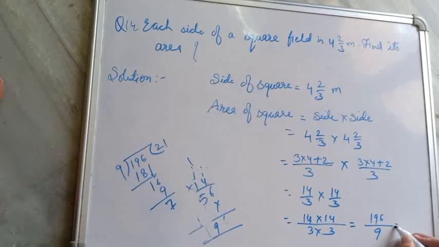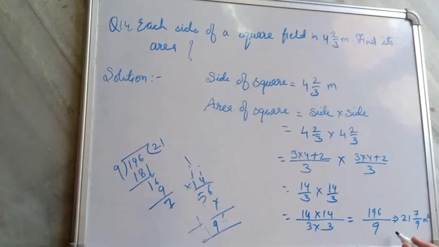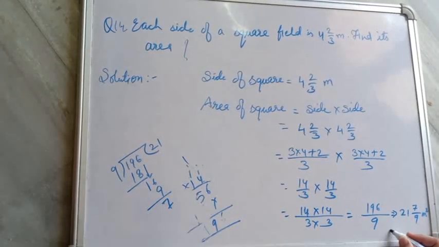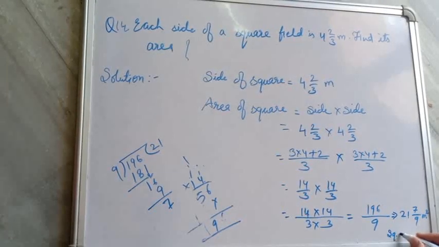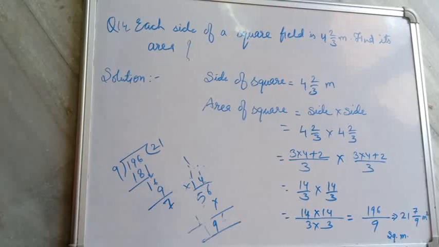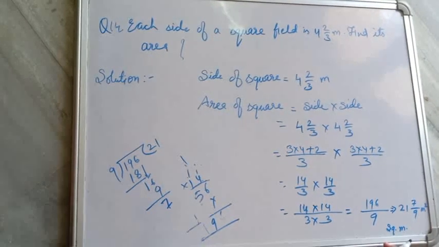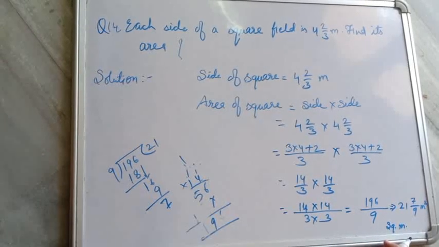So answer will be 21 7 by 9 meter square. Either you can write meter square like this or you can write square meter. Area is always written as square meter, meter square or centimeter square.